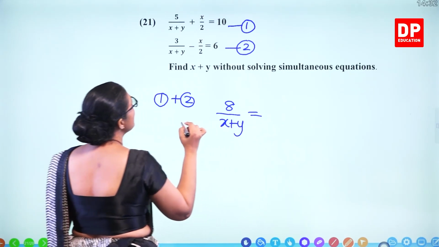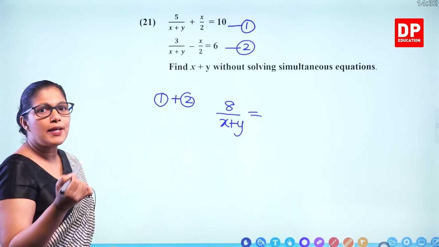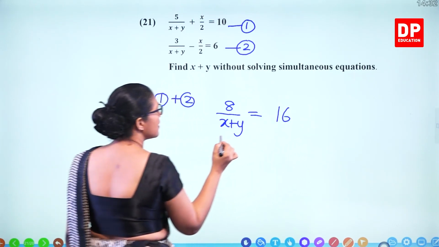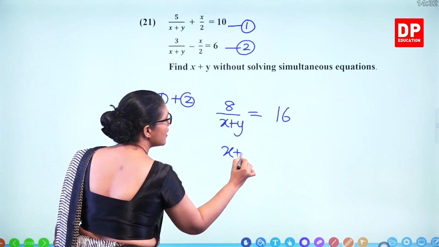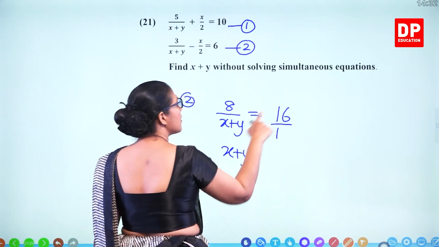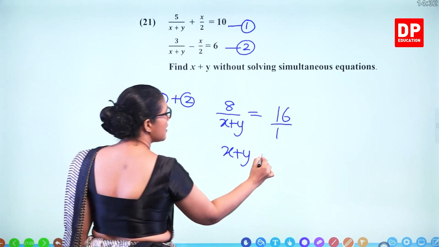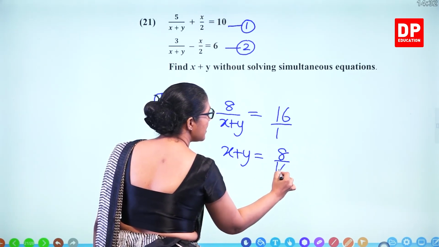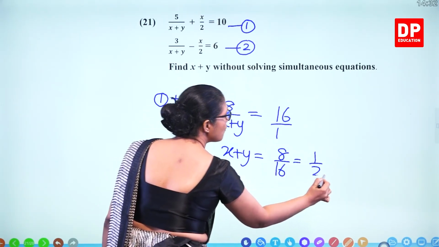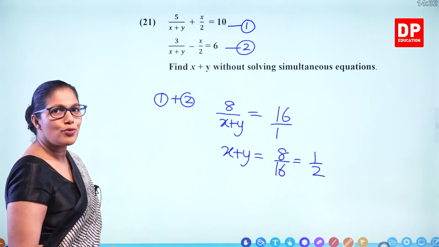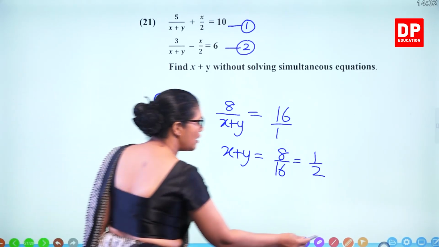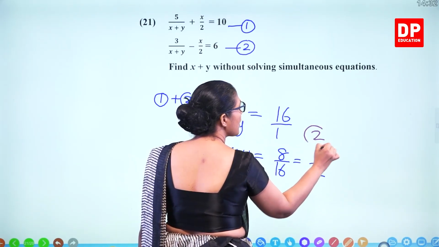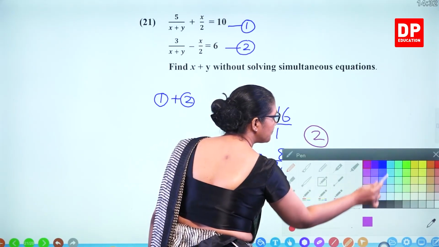Same denominator, and the other term gets cancelled out. 10 plus 6, 16. So what is x plus y? You can cross multiply, and 16 comes here. So that's 8 over 16, that's half. So easily you can find out x plus y value without solving. 2 marks for that.